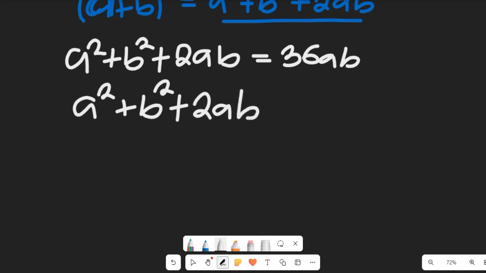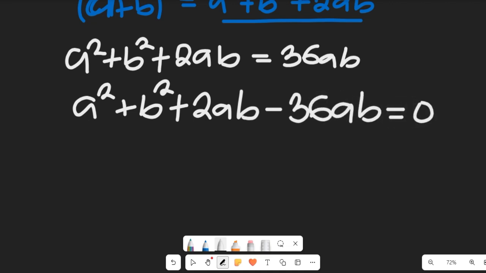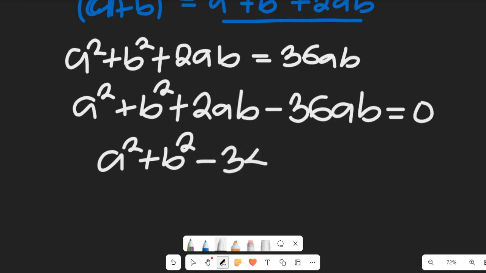If I subtract 36ab from both sides, I'm going to have the right hand side equal to 0. So that expression will give me a square plus b square plus 2ab minus 36ab, which gives negative 34ab, and this will be equal to 0.